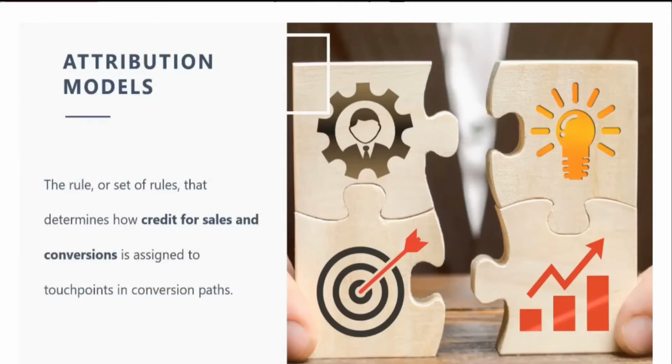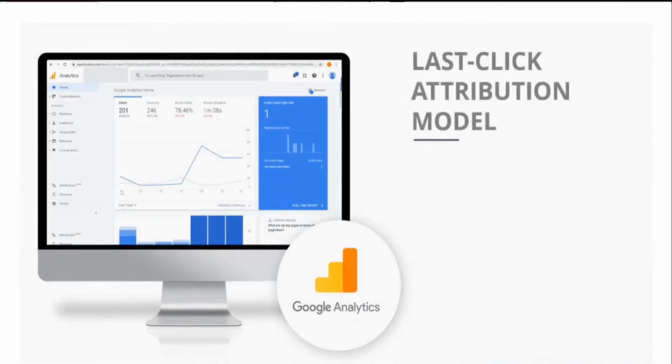It will tell you, if you've set things up properly, which is the last clicked ad that led to the conversion that you are tracking, which is the last clicked keyword that you have in your search campaigns that led to a sale for those types of conversions. And the touchpoint is that keyword or that ad or whatever the consumer last interacted with. There are various attribution models, which we'll be spending more time on later in the module.